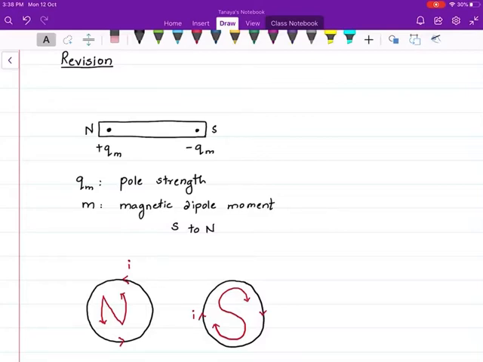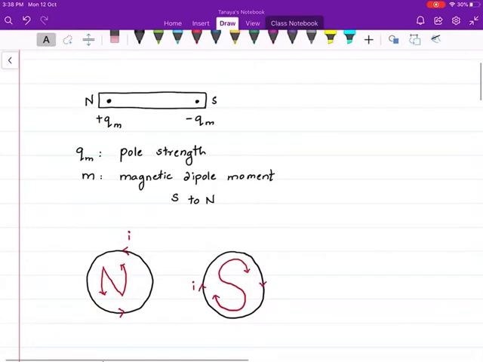Then we had seen about the pole strength. Qm is called as the pole strength. For north pole, we say that the pole strength is positive or plus Qm, and for south pole, the pole strength is minus Qm. Then we had seen a term called magnetic dipole moment.